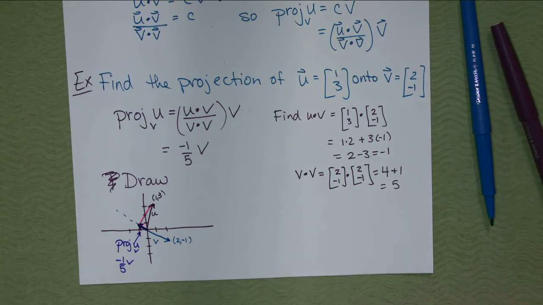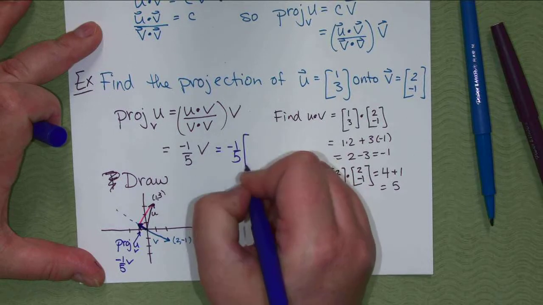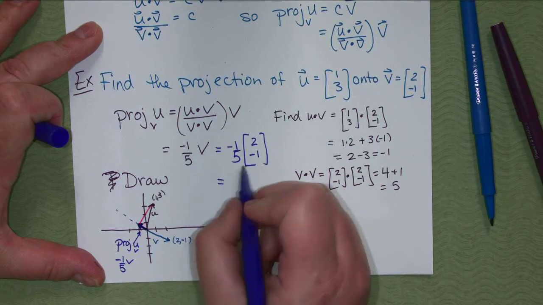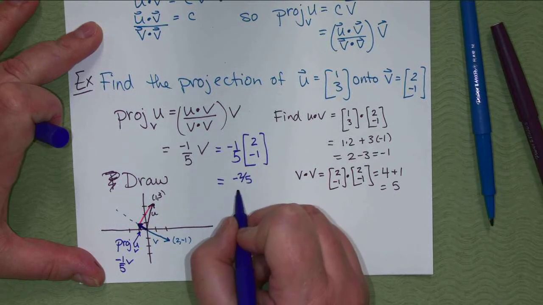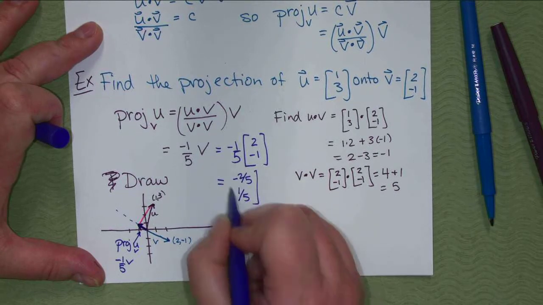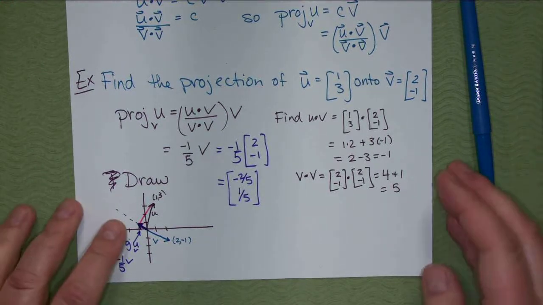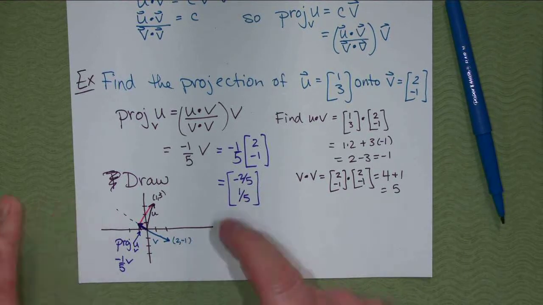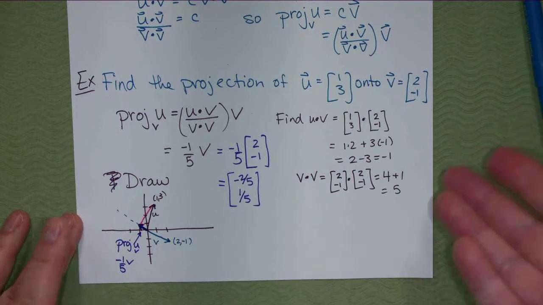So the actual projection, we could write it as a vector. You'd multiply that in, because it's just a scalar multiple, so minus 2/5, and minus and a minus is a plus 1/5. So there's our projection, the actual vector itself, which is a portion of V, which we usually need to do the subtraction, so you need to actually find the whole vector if you need to do something else with it.